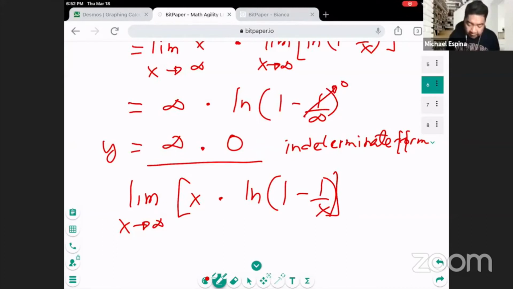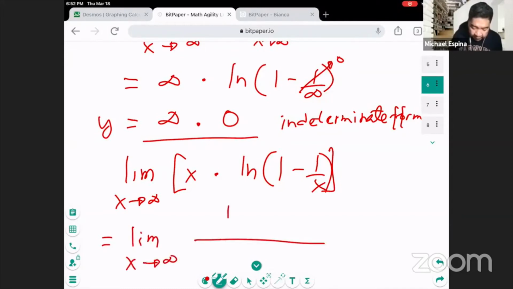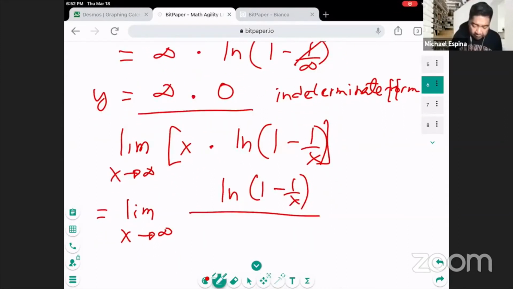We can separate x and ln of (1 minus 1 over x) by doing a fraction. So the limit as x approaches infinity: let's take ln as our numerator, and to bring x to the denominator, we put 1 over x.